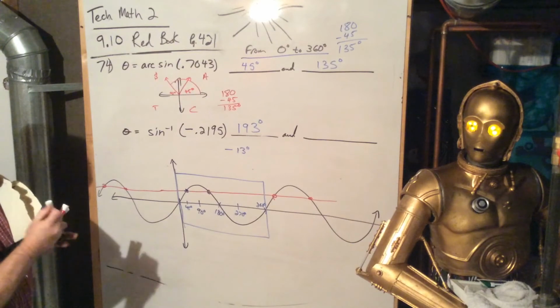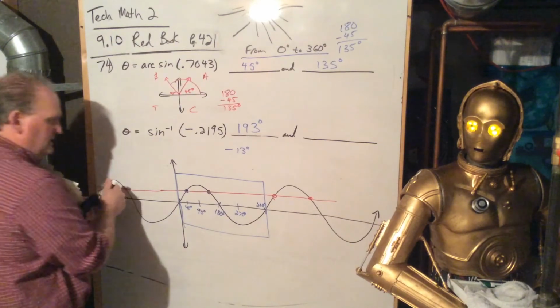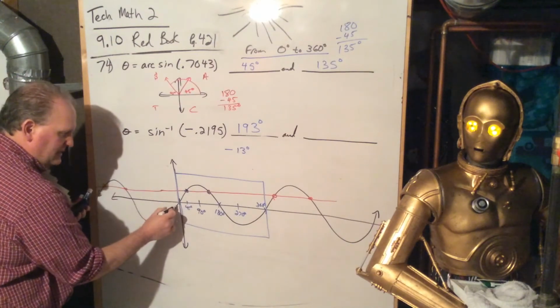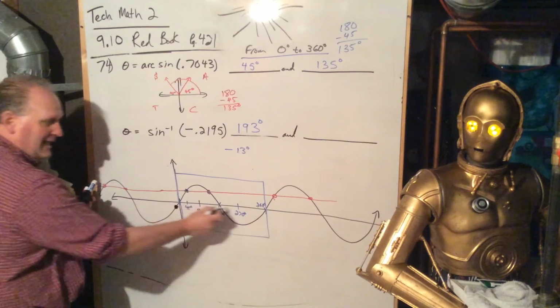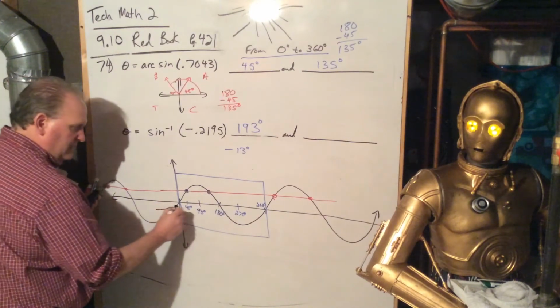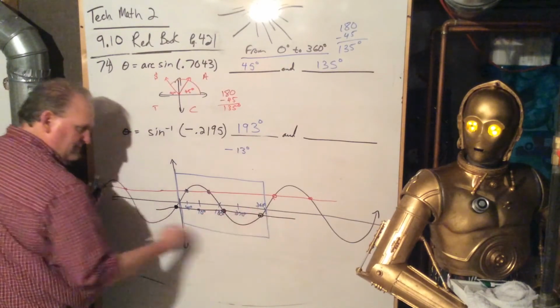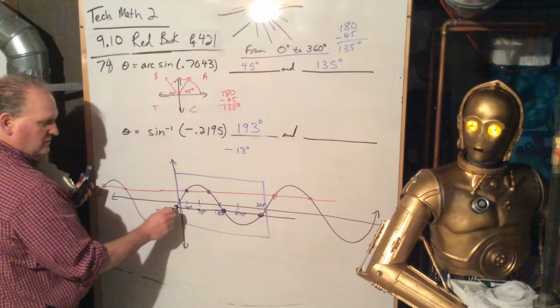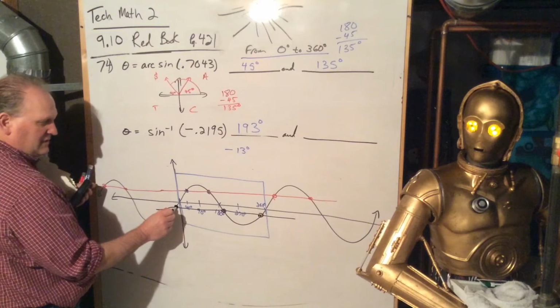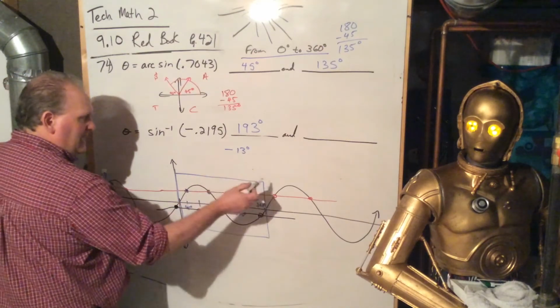Well, negative 13 on my calculator happens right here. But that's outside of my realm here. We're looking at this, and they want these two that are in the box. It's in the box from 0 to 360. So what we're going to do with this 13 degrees is add 180 to it.